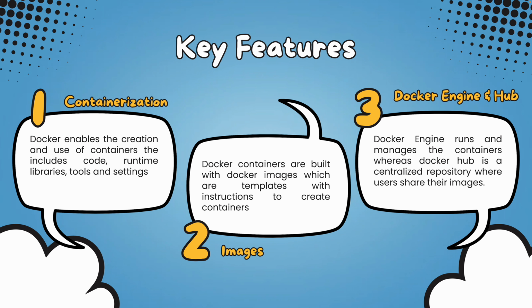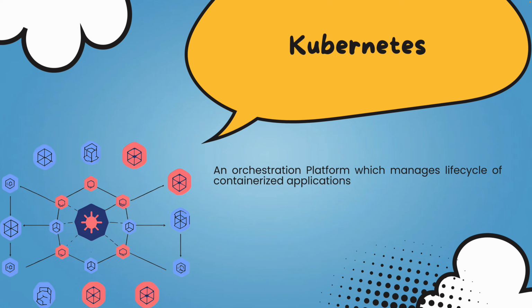Specifically, you would have heard about creating a Dockerfile, which has the steps to create the images. Finally, there is Docker Engine and Hub. Docker Engine is the core of Docker, which runs and manages the containers, whereas Docker Hub is a centralized repository where you store and share your Docker images. That's all about Docker.